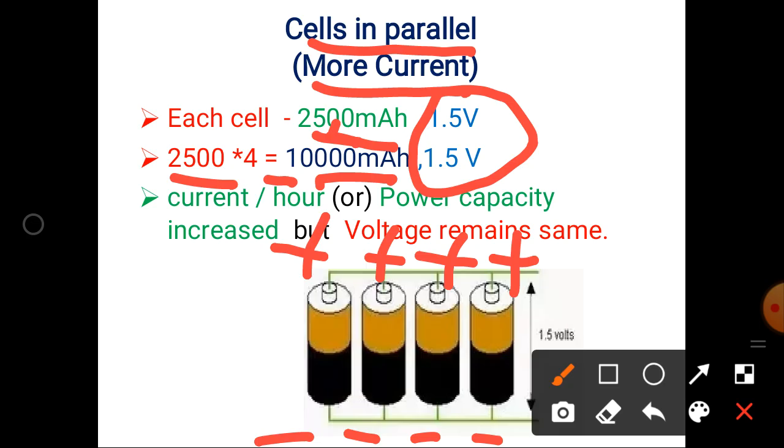So to get more current, all the cells should be connected in parallel. If we want to improve the voltage, all should be connected in series, which improves the voltage but the current remains the same. So this is all the information about how the cells are connected in parallel and series, what will happen if connected in series, and how the current will be improved if connected in parallel.